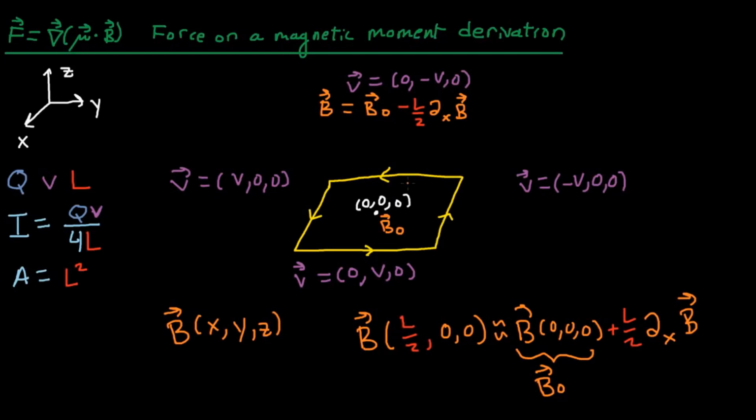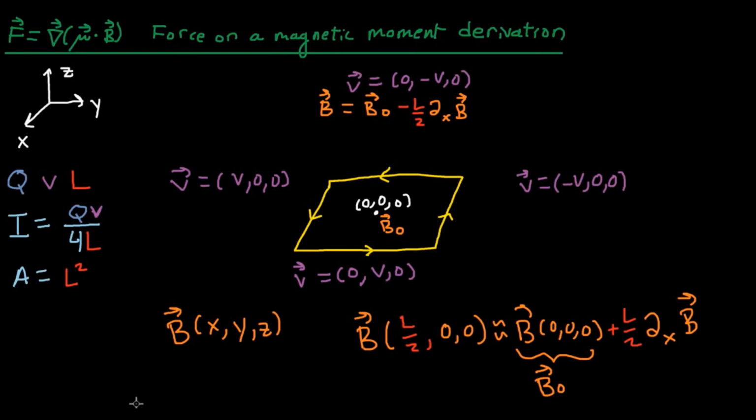Because L is small, we're interested in stuff of order L, but not stuff of order L squared. So to order in L, we can just take this point on the wire and figure out what the magnetic field is at this point, but not worry about this point and this point, because to leading order in L, it'll be the same.